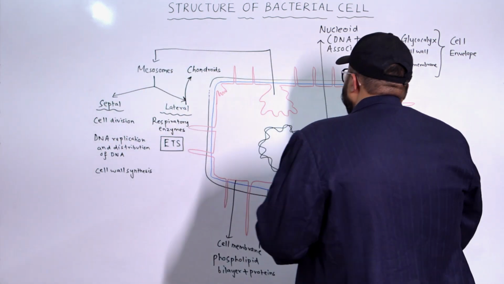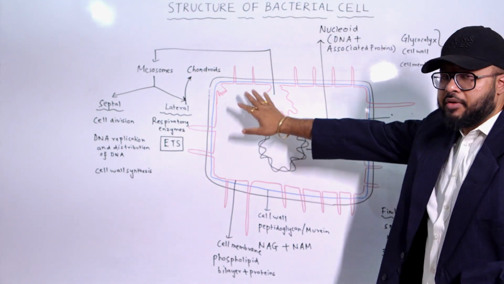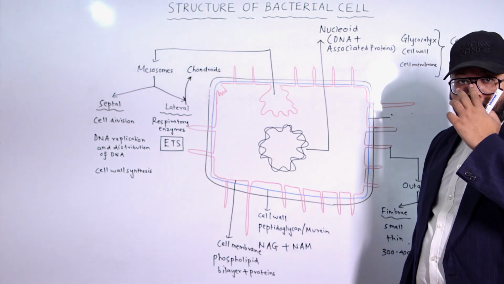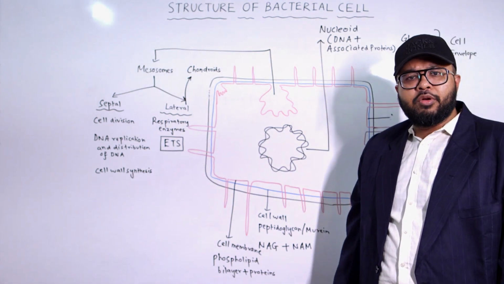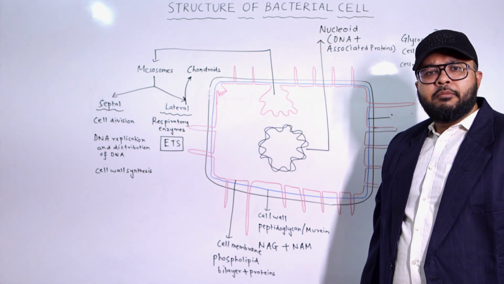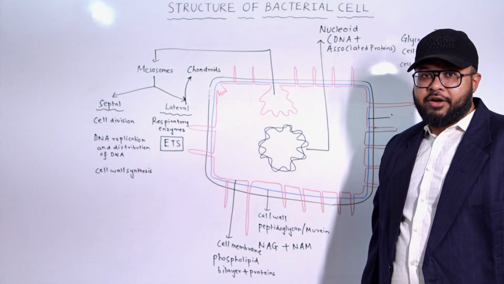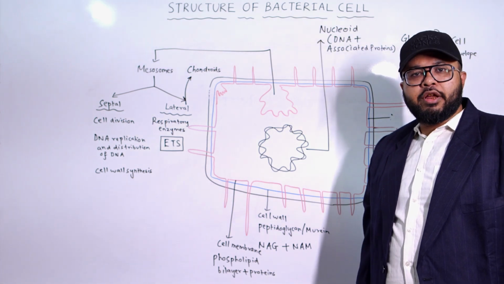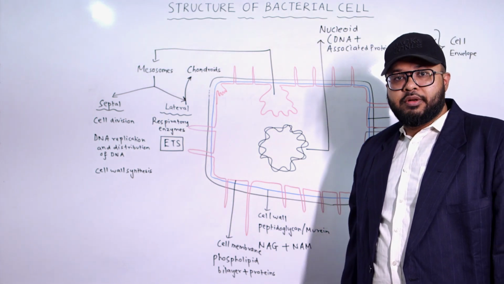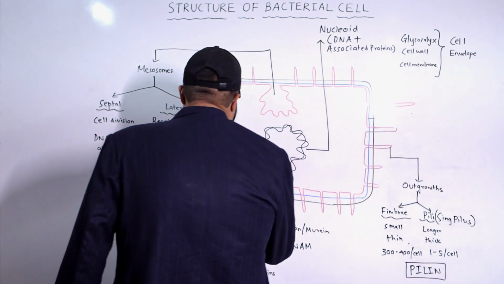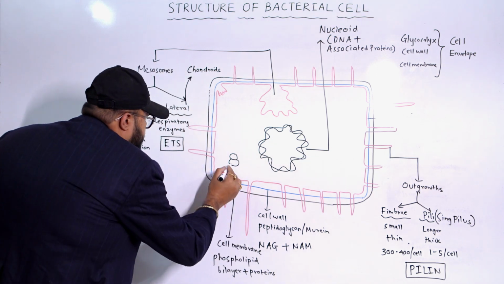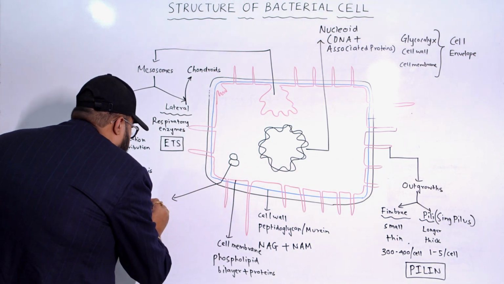Now, this is the cytoplasm of the bacterial cell. In the cytoplasm, membrane-bound organelles like endoplasmic reticulum, Golgi body, mitochondria, chloroplast, etc., are absent. But non-membranous organelles like ribosomes are present. This is the ribosome.